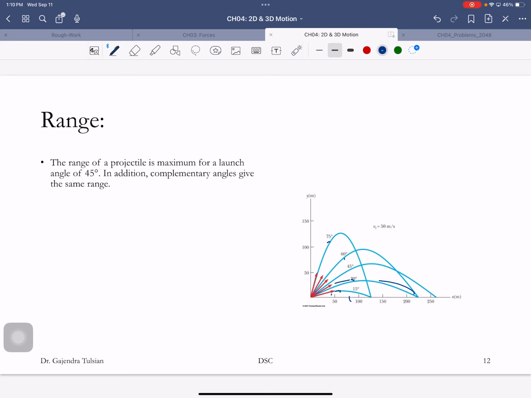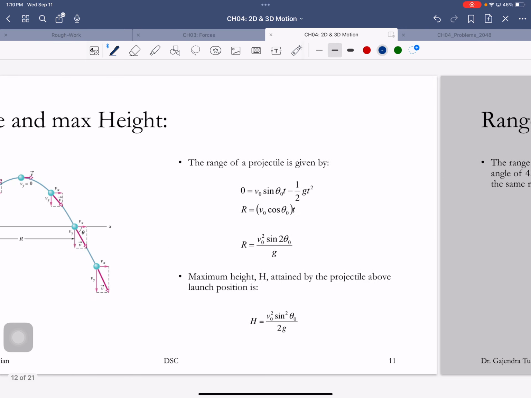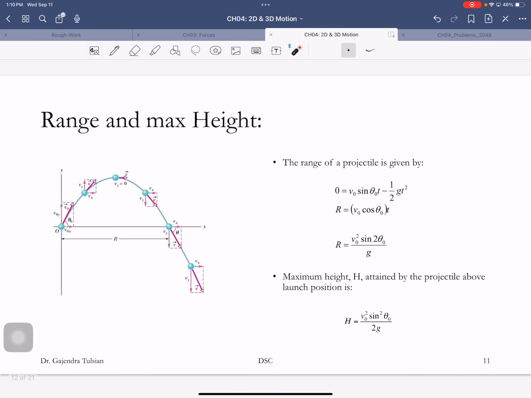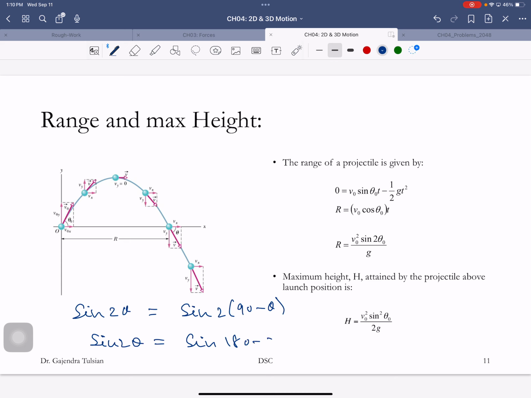And so what that means is, if you go back to that formula, here's the range formula. So what that must mean is sine 2 theta should equal sine 2(90 minus theta). Sine 2 theta should equal sine (180 minus 2 theta).